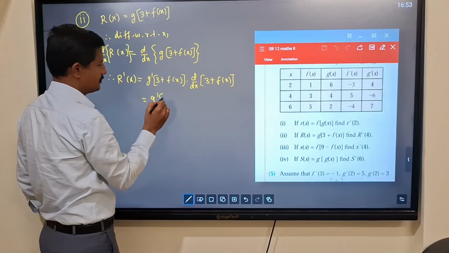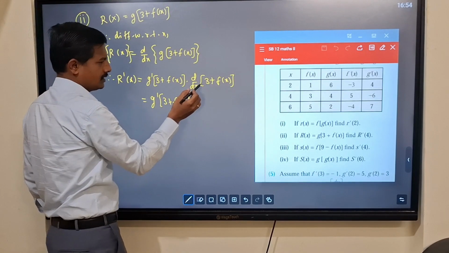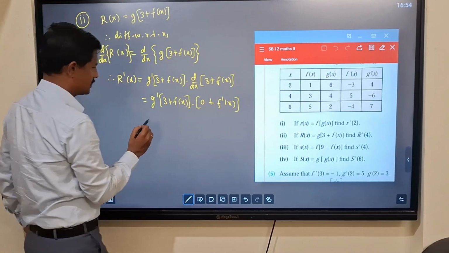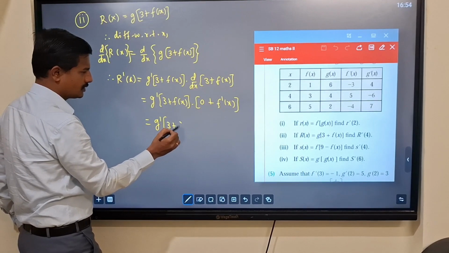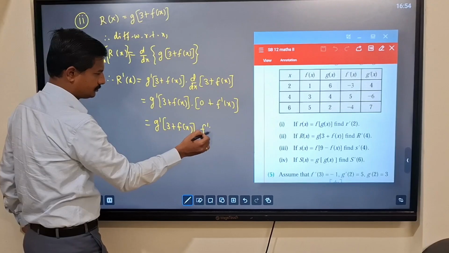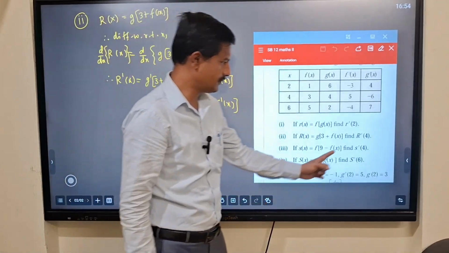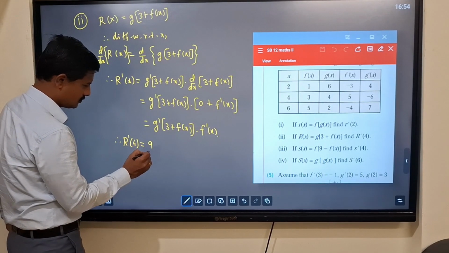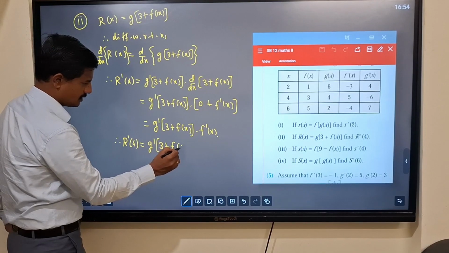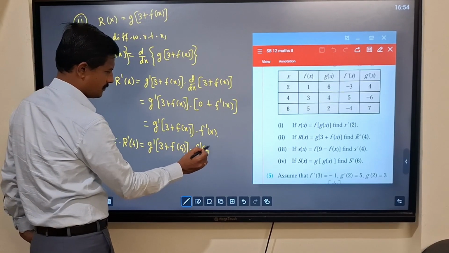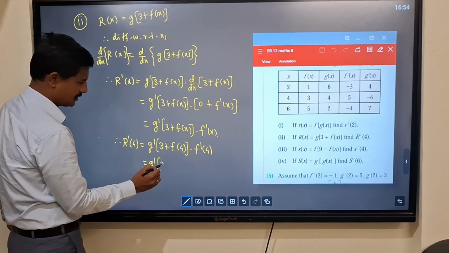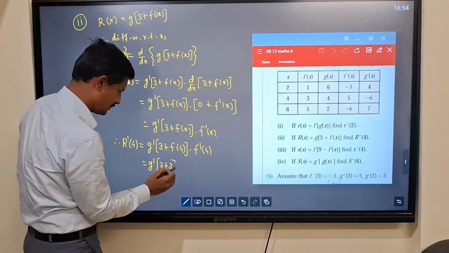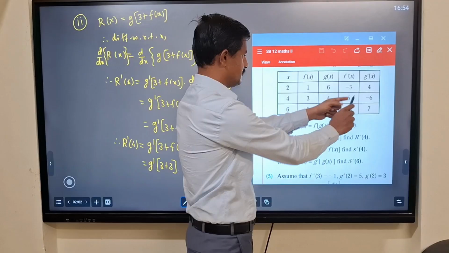So this is g prime of 3 plus f of x into the differentiation of 3, which is 0, and the differentiation of f of x is f prime of x. So this becomes g prime of 3 plus f of x into f prime of x. Now the value of x is 4. This becomes r prime of 4 equal to g prime of 3 plus f of 4 into f prime of 4. f of 4 is 3, and f prime of 4 is 5.